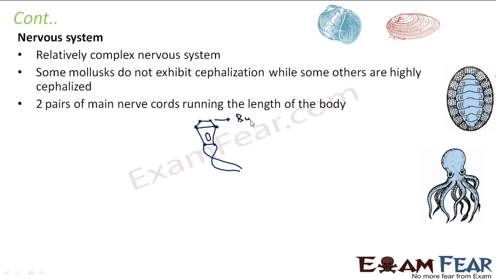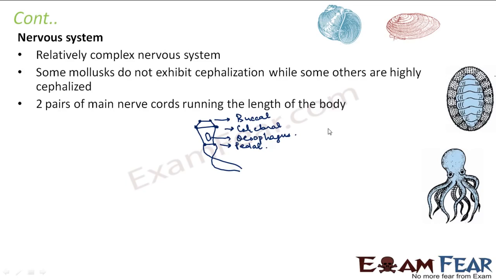Here you have the buccal cavity or the mouth. Here you have the brain or the cerebral part. This is the esophagus. And here you have the pedal ganglia. So ganglia are present at important parts of the body.